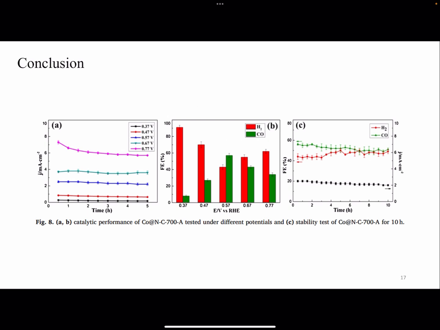And in picture C, the 10-hour stability test of the catalyst shows zero significant decay. This confirms that the confinement effect of the NC shell successfully protects the active center and produces high-quality syngas.